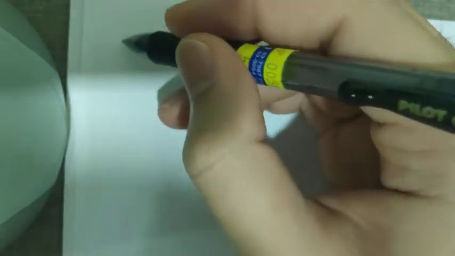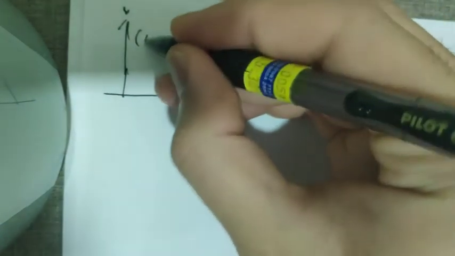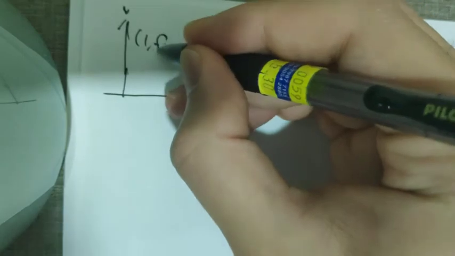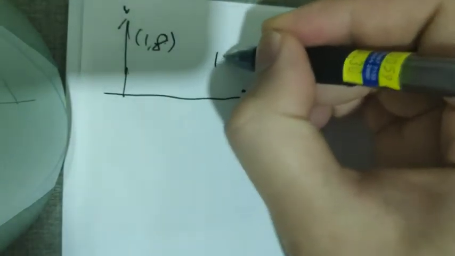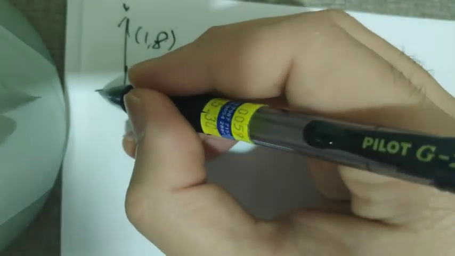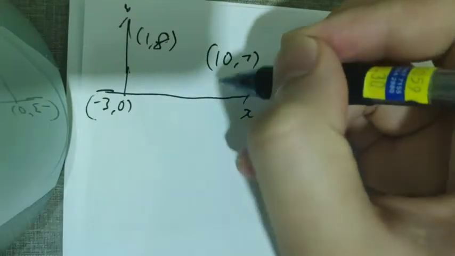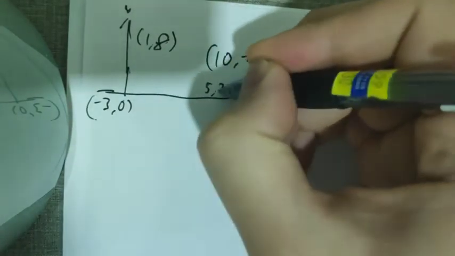Now, area of a polygon is a very easy question to attack also. Let's say they give you a polygon like this. This is the x-axis, this is the y-axis. Let's say this is (1, 8), this is (10, 7), this is (-3, 0), and this is (5, 2).